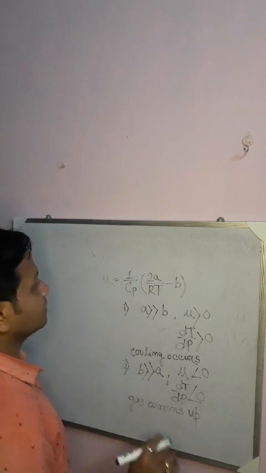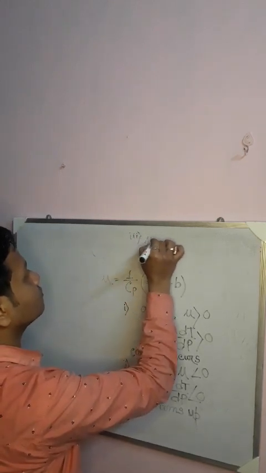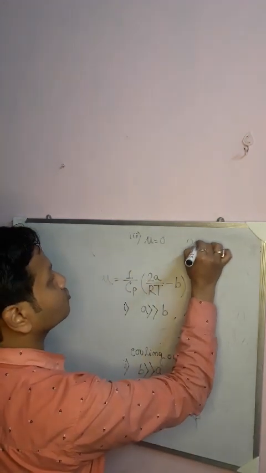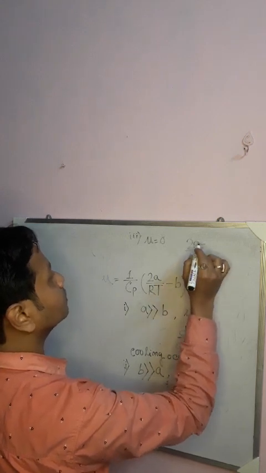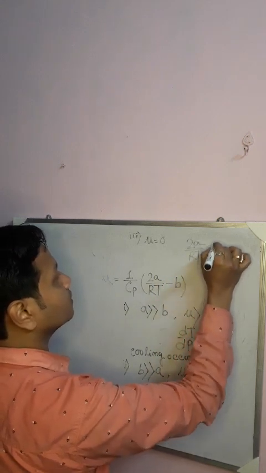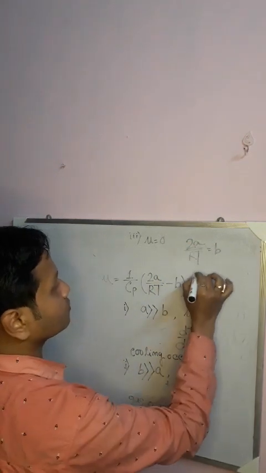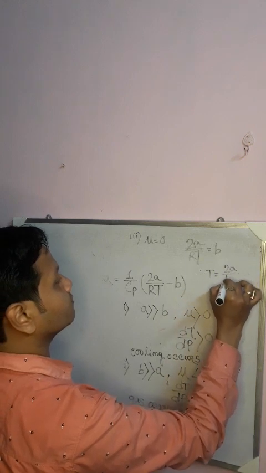Now another case: if mu is greater than 0, we saw what happens. For mu equal to 0, what happens? 2a by RT equals b. From which we can easily find T, which equals 2a by bR.